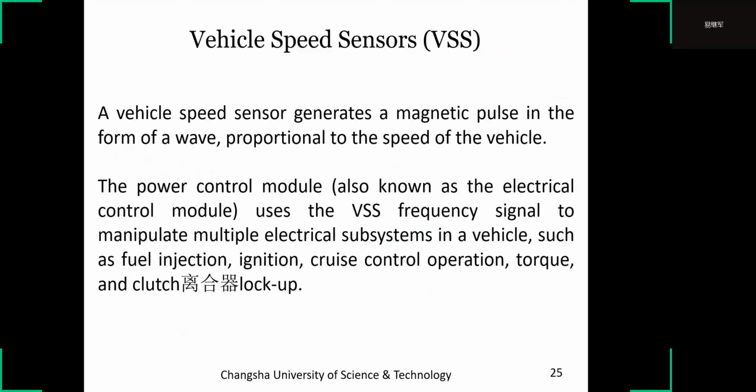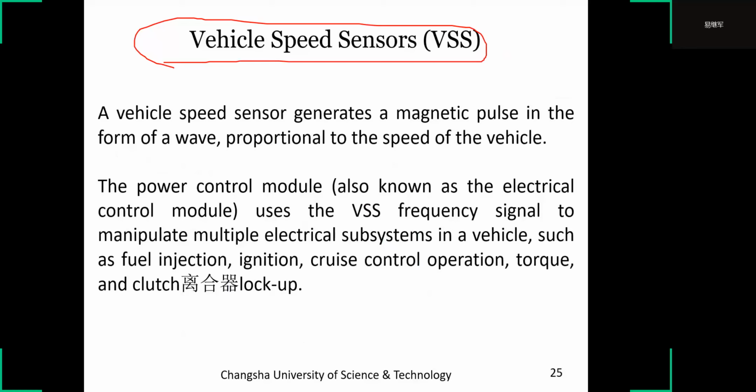Vehicle speed sensor generates a magnetic pulse in the form of a wave proportional to the speed of the vehicle.